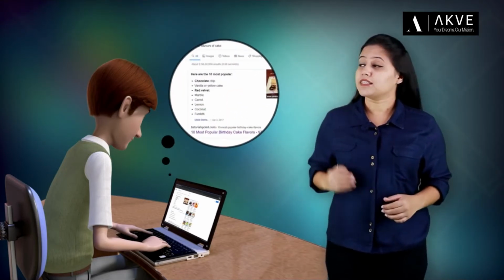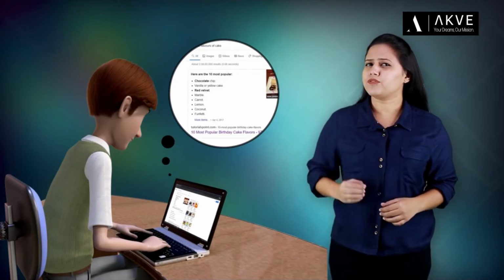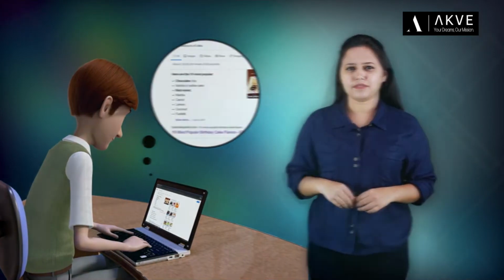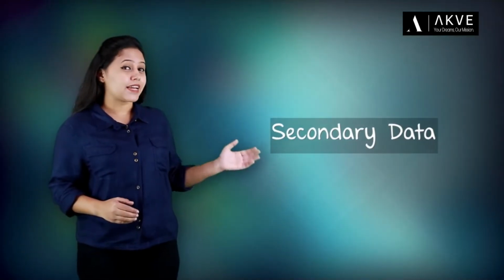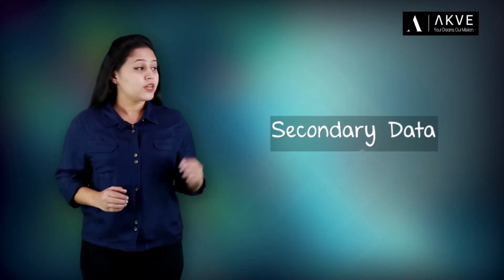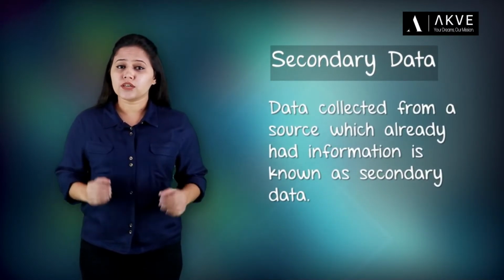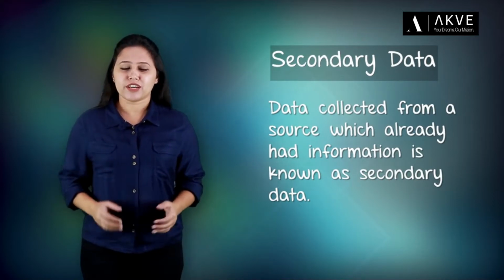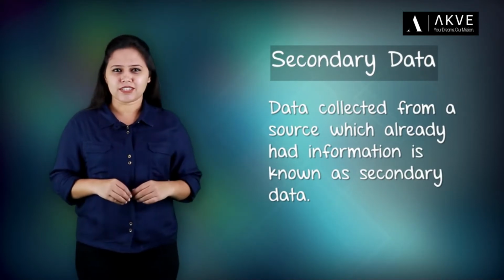Yes, it had the list of the top 10 preferred flavors in that city. Now, although John got the data, he wasn't the one who compiled it. The data was compiled by someone else and John used it. This makes the data secondary data. So, data collected from a source which already had information is known as secondary data.